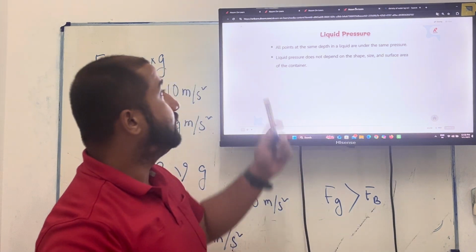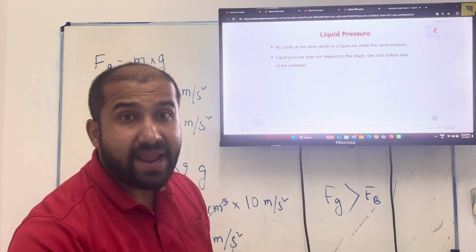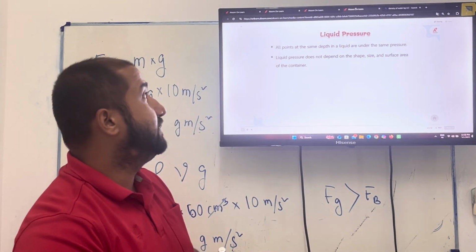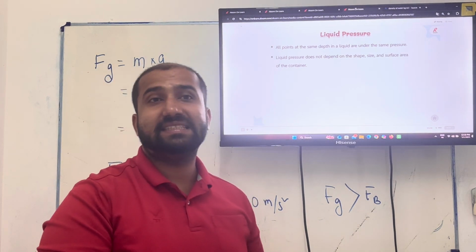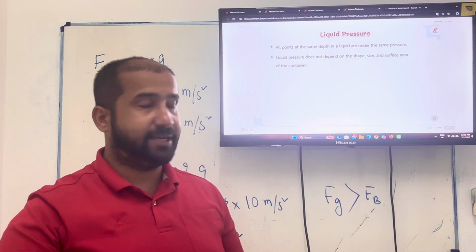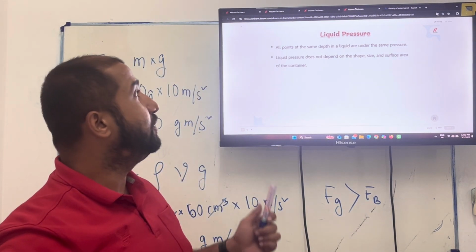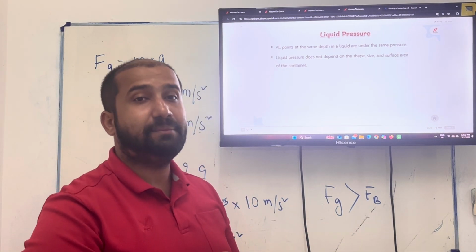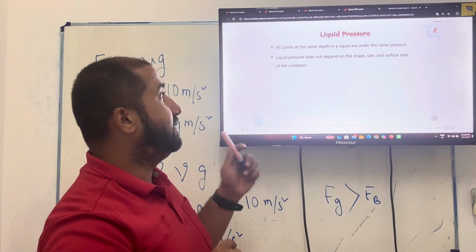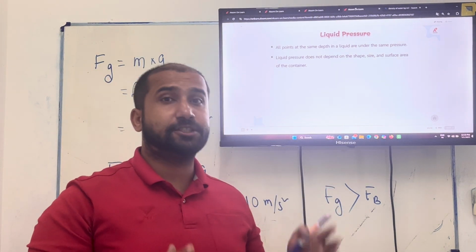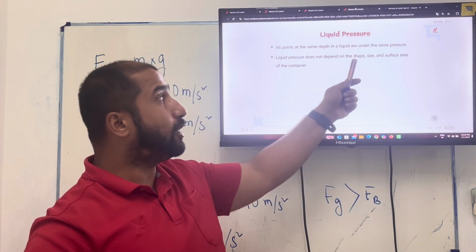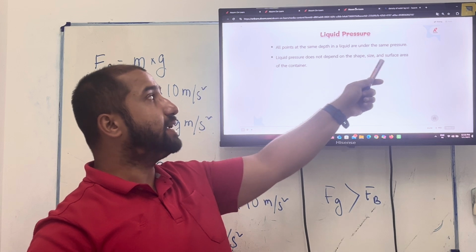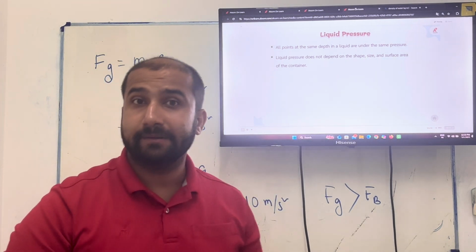Liquid pressure will remain the same if the object is at the same depth. At the same level of depth, the object will experience the same amount of liquid pressure. The liquid pressure does not depend on the shape of the object, size of the object, and surface area of the object.